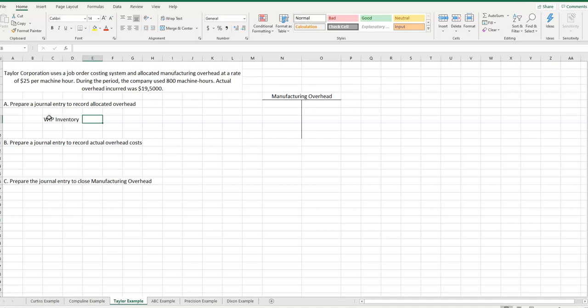When we record overhead or allocate overhead to jobs, we're going to debit work in process inventory to add those costs to our jobs in process, and then we're going to credit overhead. So we have work in process inventory, and we're applying overhead at a rate of $25 per hour to 800 machine hours.